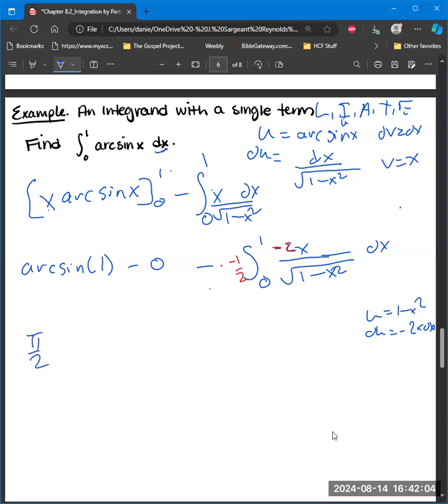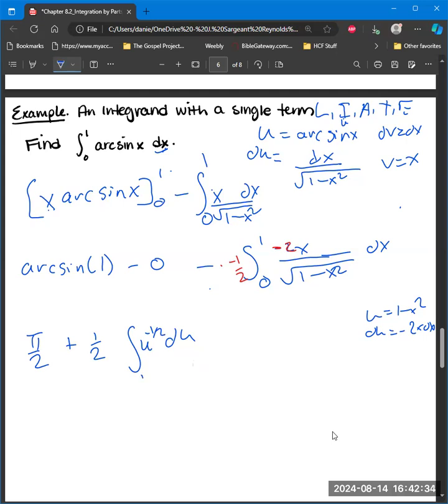And then this is going to be plus 1/2 of integral. This is going to be du over root 1 minus u squared, or this is du over u to the 1/2. So this is u to the negative 1/2 du, like that.